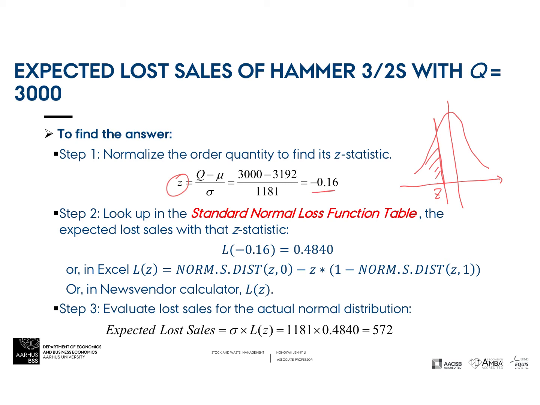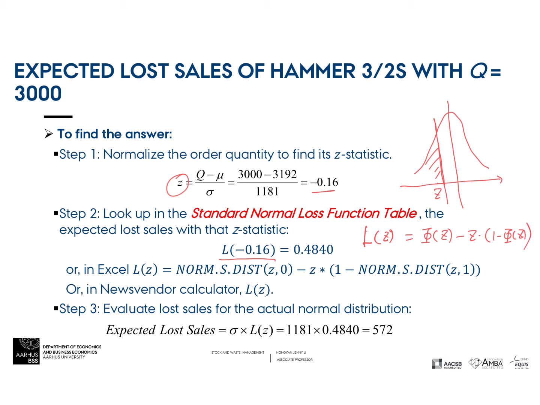Then look up in the standard normal loss function table the expected lost sales with that zeta statistic. It is a function called capital L of zeta, which can be derived mathematically. The formulation is L of zeta equals phi of zeta minus zeta times 1 minus phi of zeta.